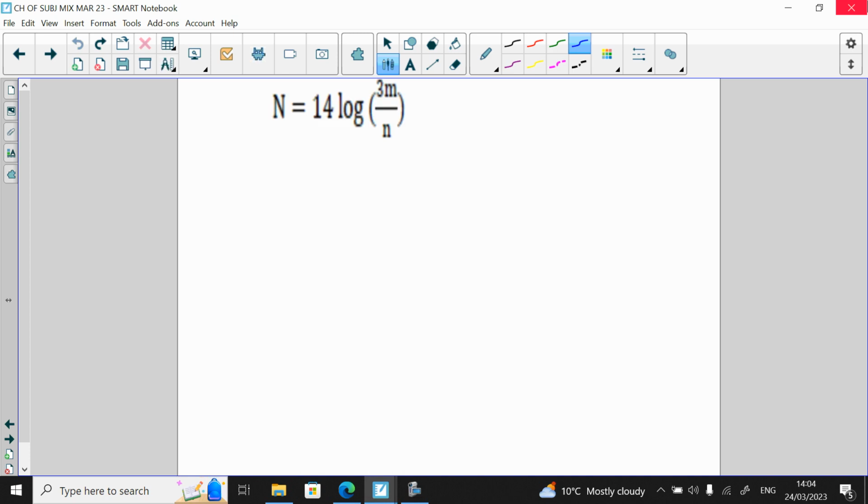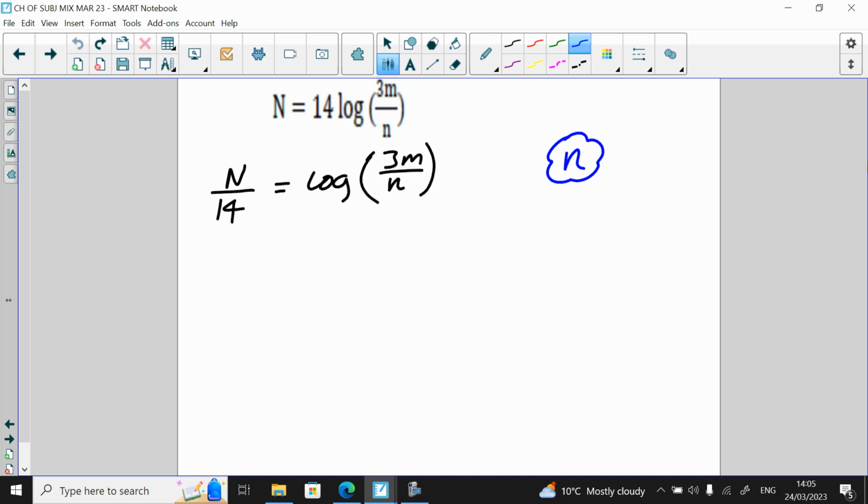Let's go for the final one here. Hopefully you can see that. I need to declare the subject. I put it in a wee bracket: n, the small n there. That's going to be my subject. It's in the bottom of a fraction, might be a problem. So what I've done here is I've just taken the 14 from that side to divide. That's fine.